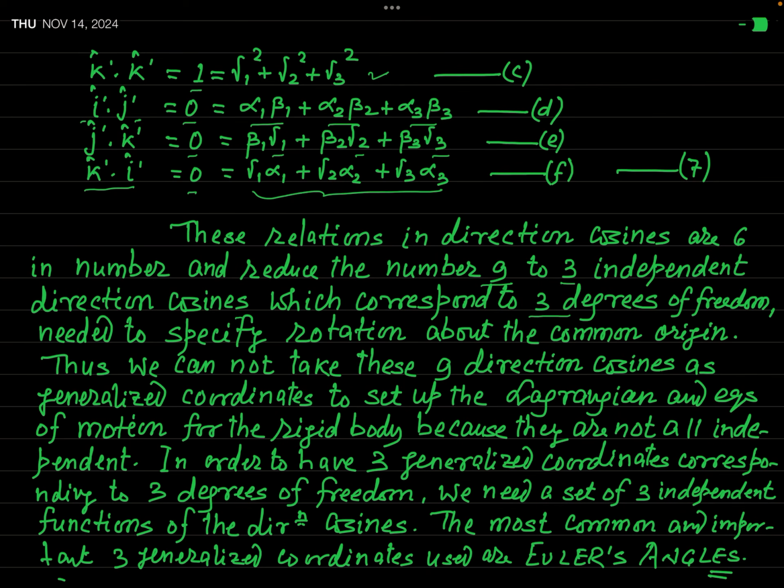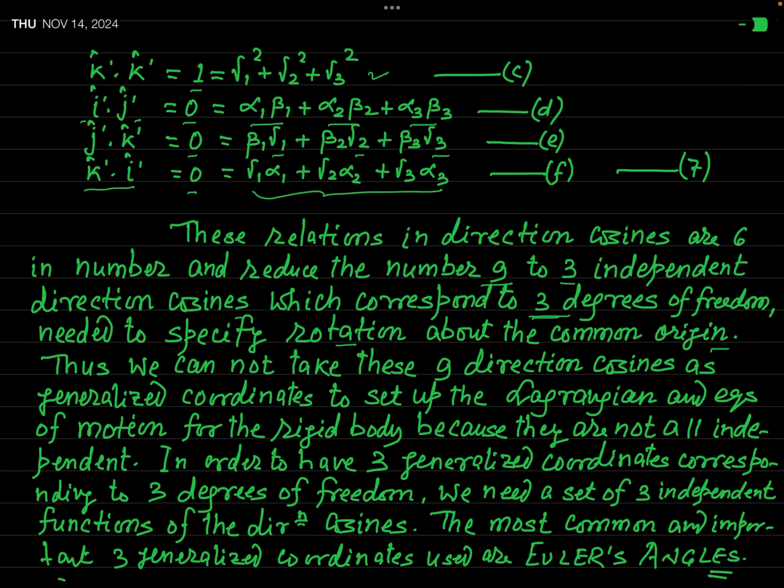These 3 independent direction cosines are the 3 degrees of freedom needed to specify the rotation about the common origin. They represent the 3 rotations of the rigid body about the common origin O.